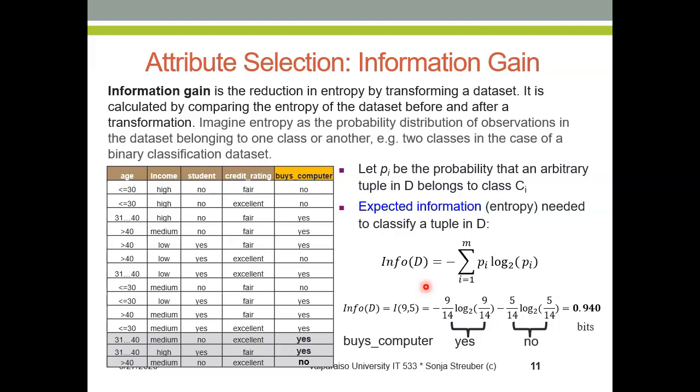All right, let's plug our numbers in. So our information for our data space here, D, is the information for 9 yeses and 5 no's.